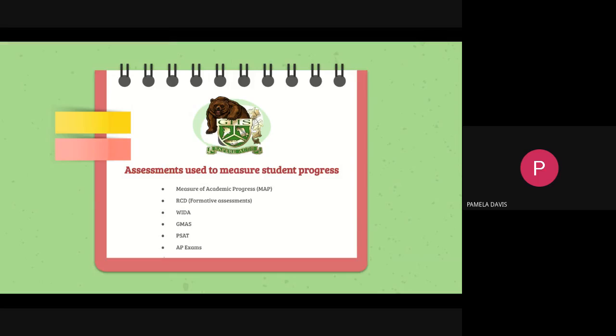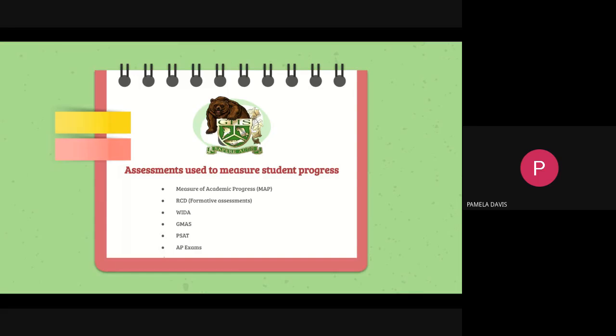Okay, as I said, I will go over what they're doing with each test. We did have a meeting, and the decision has been made that for PSAT for this year, we will not test any 10th graders. We will test the 11th grade students who have paid to take the assessment because it's such a small number.